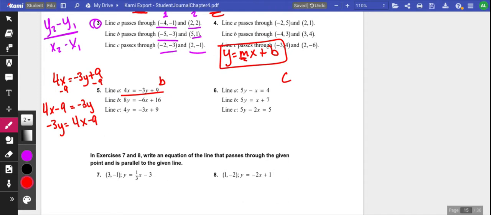Then I need just y on its own. I'm multiplying y by negative 3 right now, so I need to divide both sides by negative 3. Okay, so I'm going to be left with y. I need to divide both of these terms by negative 3. So this is going to be negative 4/3 x. And then negative 9 divided by negative 3 is positive 3.